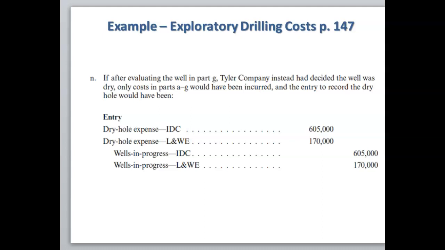We would debit dry hole expense, IDC, for $605,000. In addition, the amount of $170,000 that had been debited to wells in progress, lease and well equipment, we would now record to dry hole expense, lease and well equipment, the amount of $170,000. And of course, we would not have had to reclassify the unproved property.